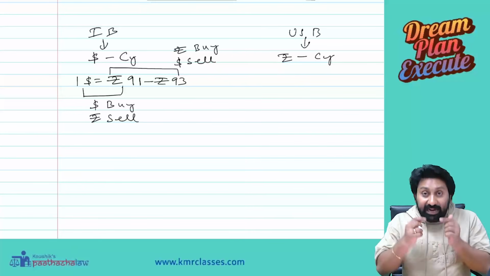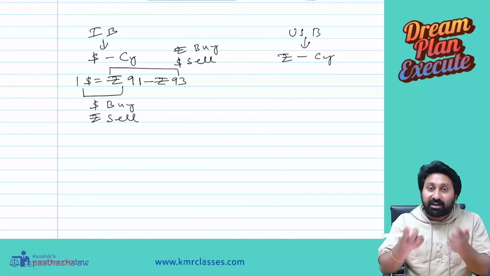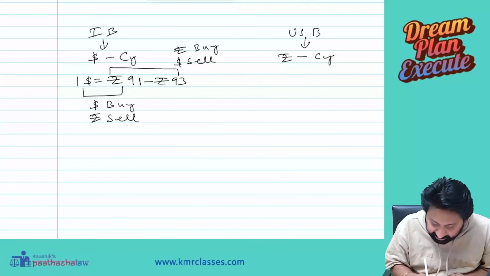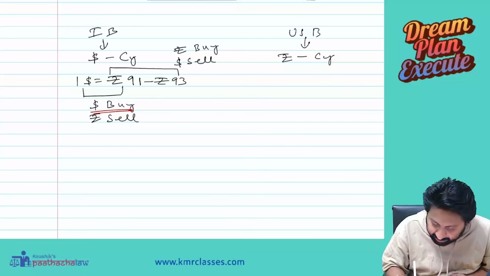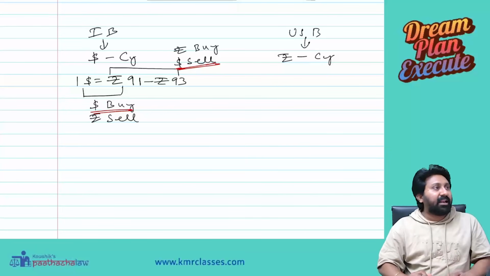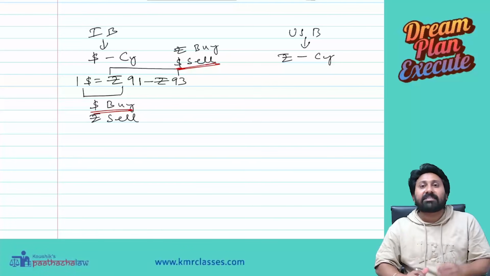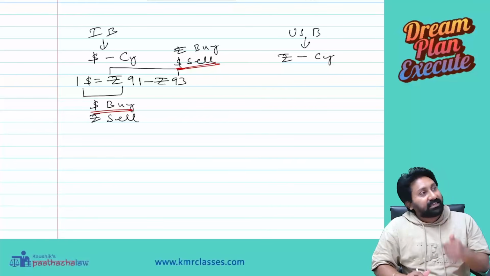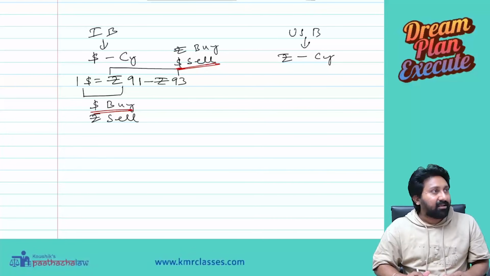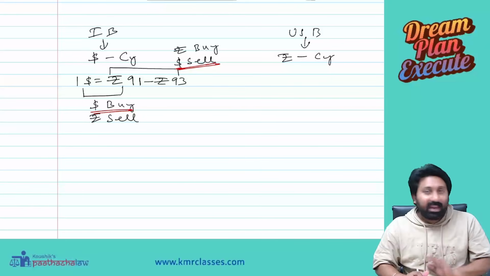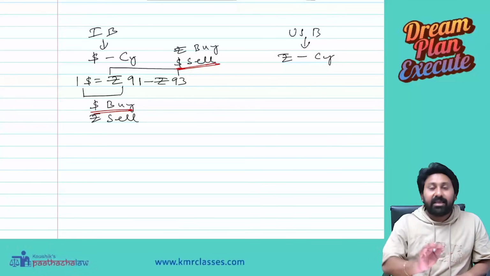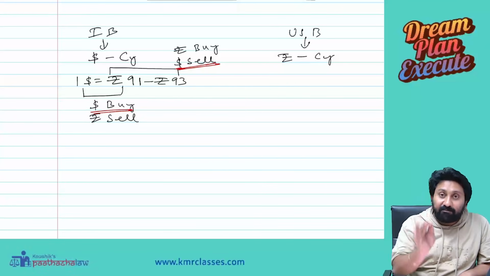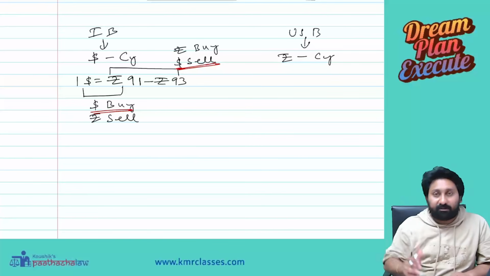But for the Indian banker, rupee is not a commodity, dollar is a commodity. He will tell only what is happening to the dollar. So he will tell, I bought dollar at 91, I sold dollar at 93. He will not tell, I sold rupee at 91. So his expression will always be from what point of view? Dollar point of view only.